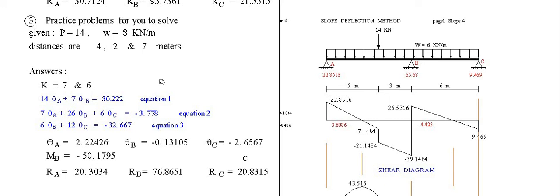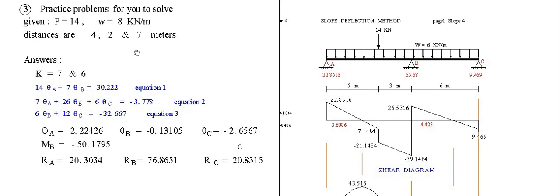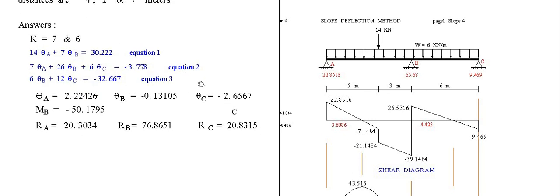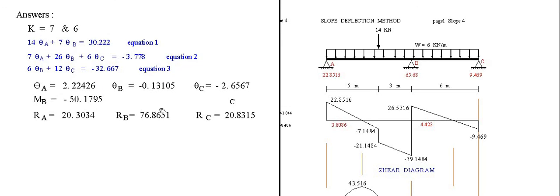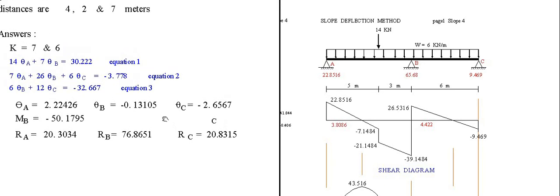Then K is, notice that we have 6 here, 4, 2, 6, 7. The K is 7 and 6. Then again, the 3 equations as a guide for you. Then solving theta A, theta B, the same sign, minus, minus, positive. Moment at B is 50.1795. Then RA, these 3.